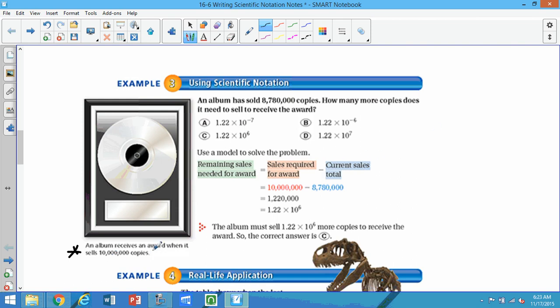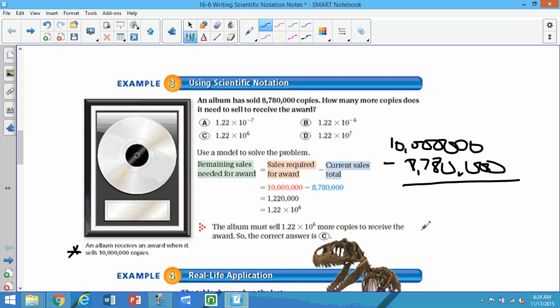You have to take this number, 10 million, and then you're going to subtract from that the 8,780,000. And you're going to get an answer of 1,220,000.